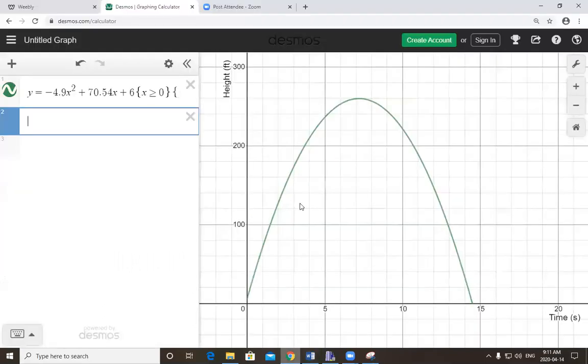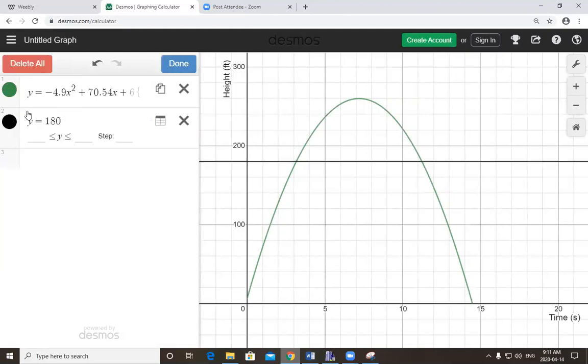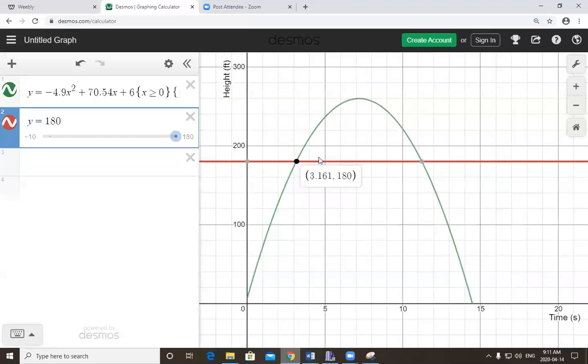Okay, so I'll show you how this works. So we're going to say our height is 180 feet, so y equals 180. And you'll notice, I'll just turn this into a red, there we go. You'll notice that the horizontal line, 180 feet, touches the curve twice.